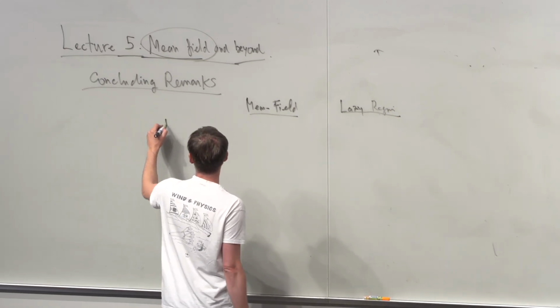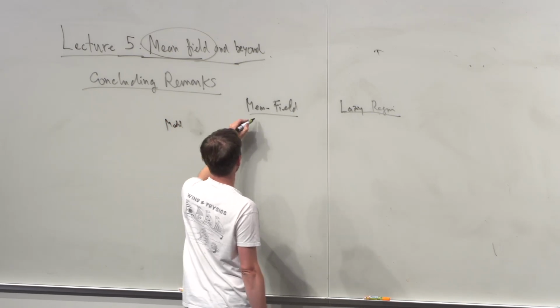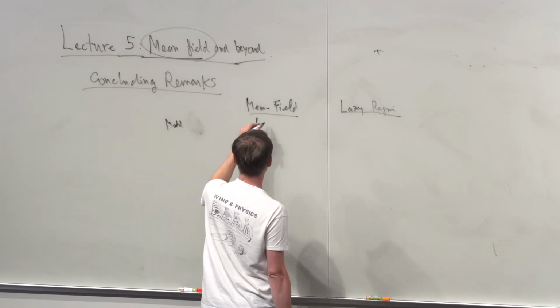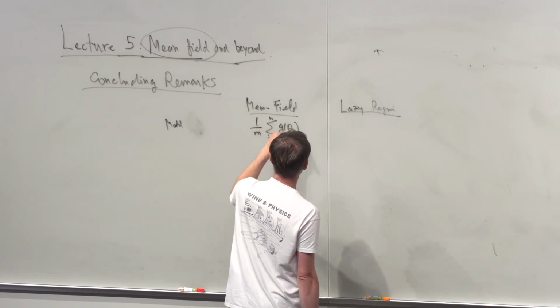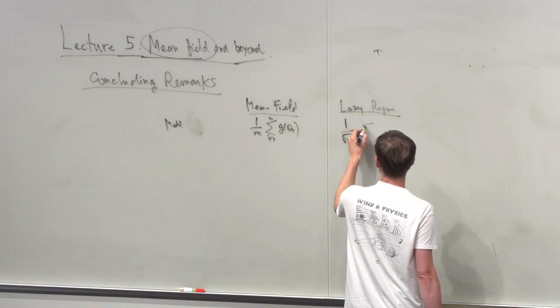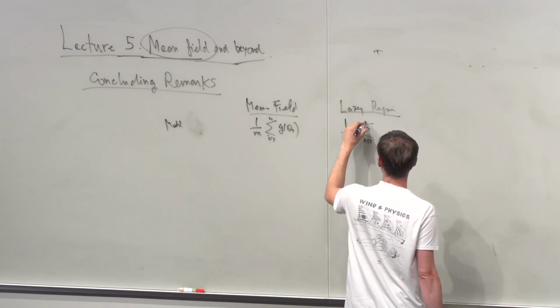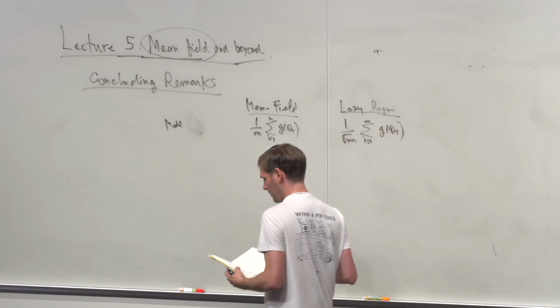In one case, let's say the model here is 1 over m, the sum of functions. And here what we saw is that the canonical way to scale to get this lazy regime is to use 1 over square root of n. Right, so that's for the model.